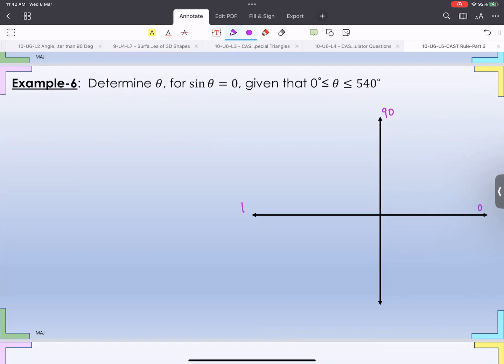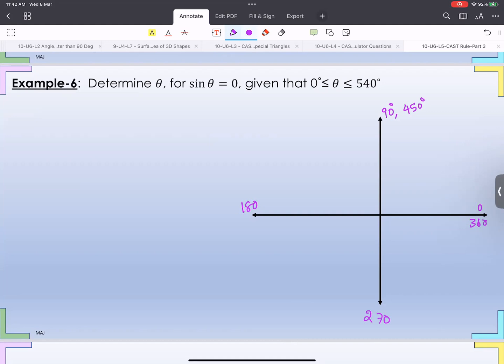So this is 180, add another 100 to that is 280, take away 10, 270, add another 100, 370, take away 10, 360, add another 100, 460, take away 10, 450. This will all be so much easier when we work in pi, and right now we're working in degrees.